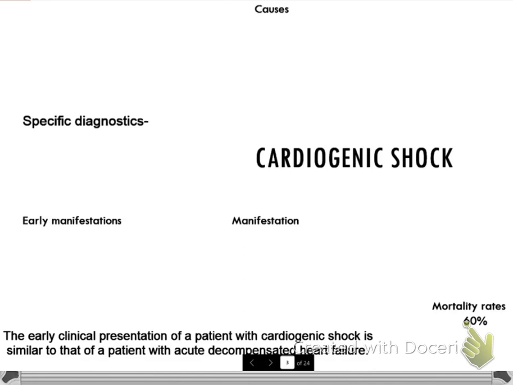Mortality rate's about 60%. And then, I know that you guys put it up here somewhere. It's the number one cause, there it is: leading cause of death from acute MI, cardiogenic shock.